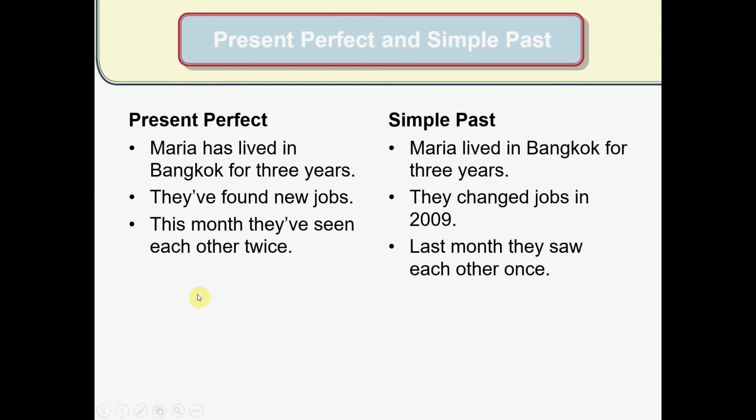Now, which example describes something that happened at an unspecified time in the past? Right here. They found new jobs. And then in this sentence, what tense does it use? The present perfect.